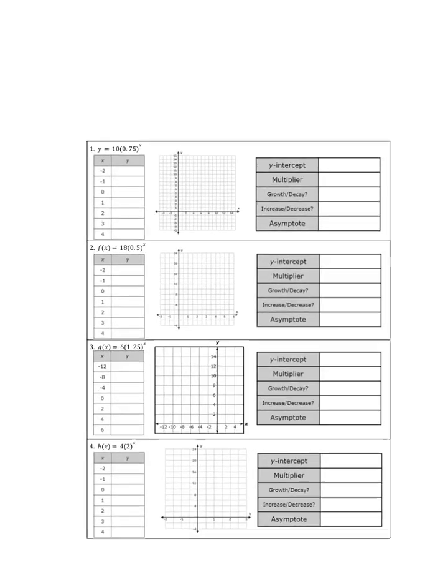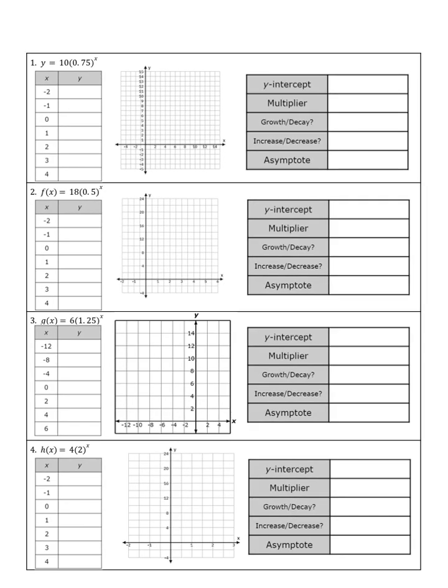Let's go to the next page and try another example. I am going to highlight the pertinent information, which is my y-intercept and my multiplier. And then I'm going to answer the questions over here to the right before I go into all of the rest of the things. So my y-intercept for this particular problem is going to be 10.